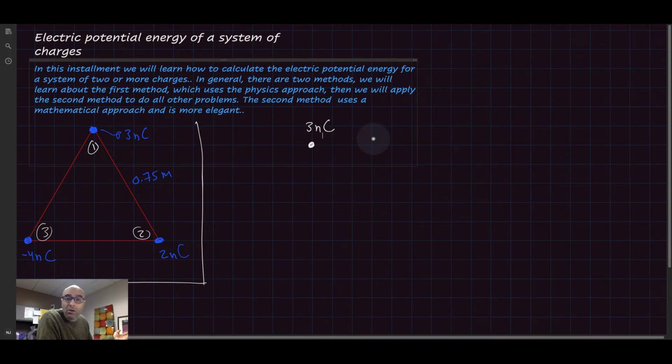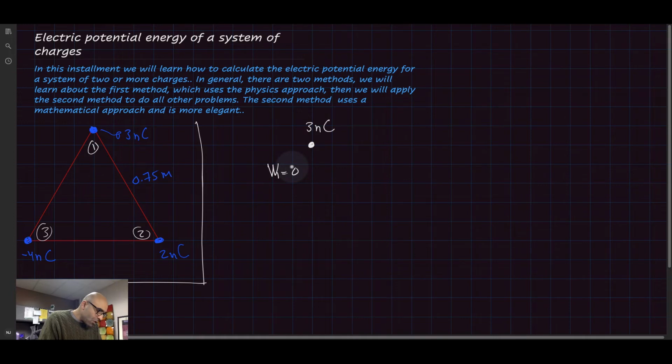There's nothing around, it's not feeling any forces or any energy from any other charges. So we assume, and it's a correct assumption, that bringing it from infinity all the way to here will require no work or no energy. So I'm going to call this W1 and I'm going to call this 0.